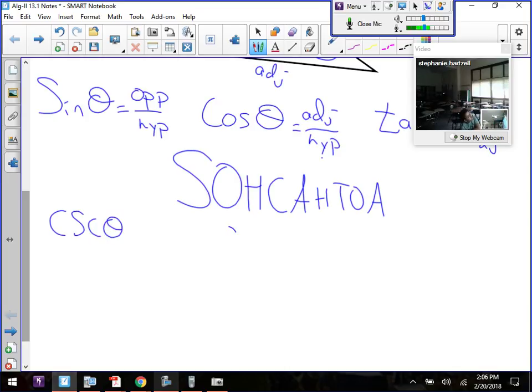The inverse of cosine is secant. And the inverse of tangent will be cotangent. When I say these are inverses, that just means that instead of being opposite over hypotenuse, it's going to be hypotenuse over opposite. I'll show you what I'm trying to get at with these in a second.